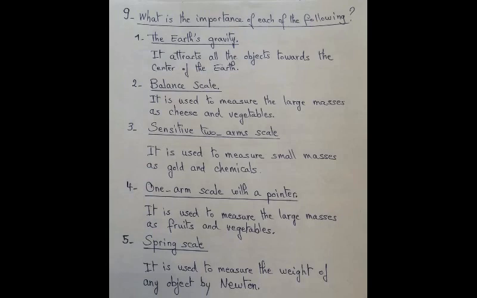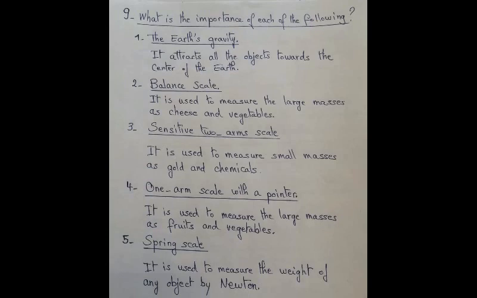Number 1 the earth's gravity، الجاذبية الأرضية، ايه أهميتها؟ It attracts all the objects towards the center of the earth، بتجذب كل الأجسام والأشياء في اتجاه مركز الأرض. Number 2 balance scale، it is used to measure the large masses as cheese and vegetables. البالانس سكيل كنا بنستخدمه لقياس ايه؟ الكتل الكبيرة زي الجبنة زي الخضروات.